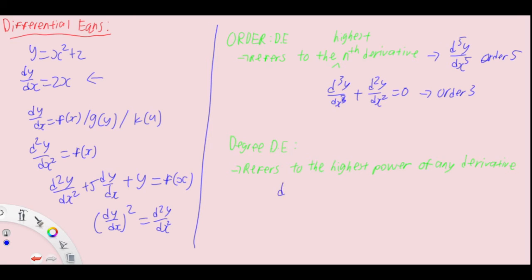Let's say I have (dy/dx) whole thing cubed plus, let's say, d⁴y/dx⁴ equals some g(x). Then this would be degree 3. Order would be 4. Okay, because my highest power is a cube, so it's degree 3. The highest order basically is the 4th derivative, so it's order 4.